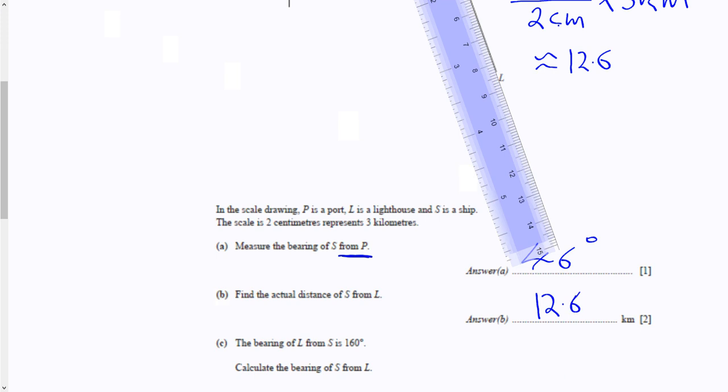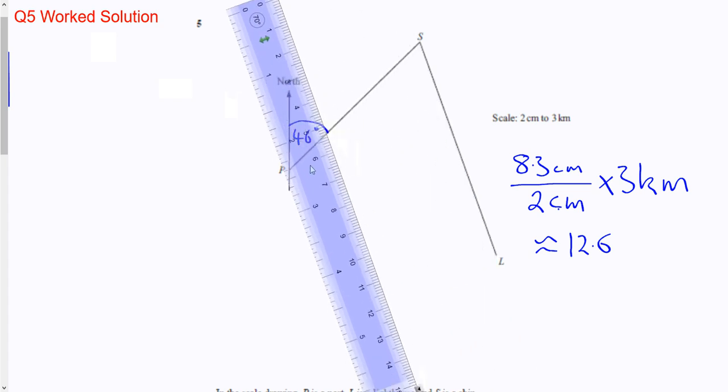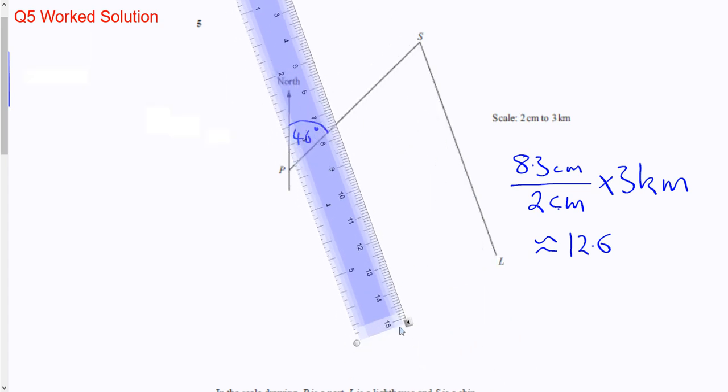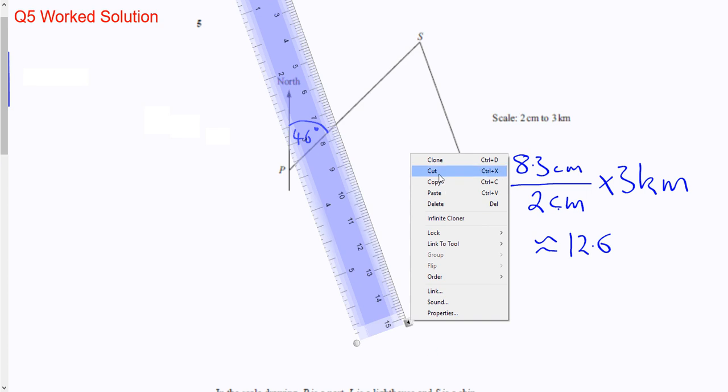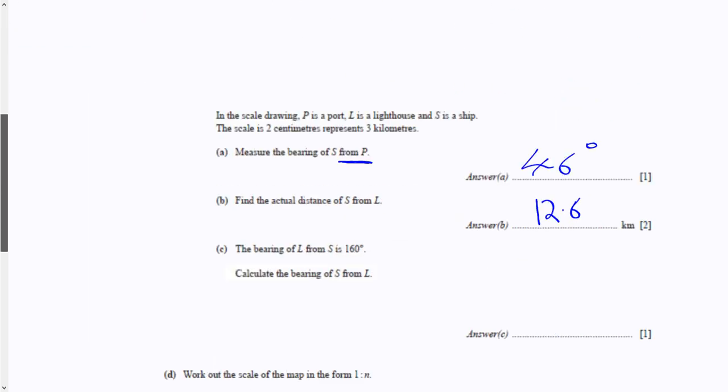All right, so that was part B. What's this question trying to do? It's trying to see, can you use a ruler, and do you understand scale? Let's get rid of our ruler here.